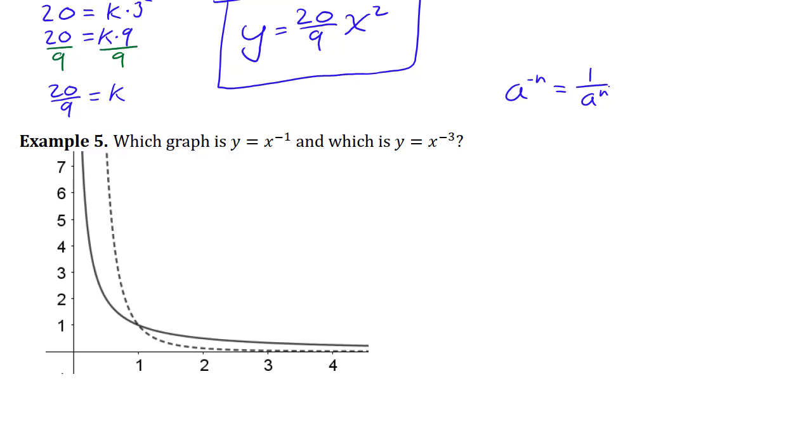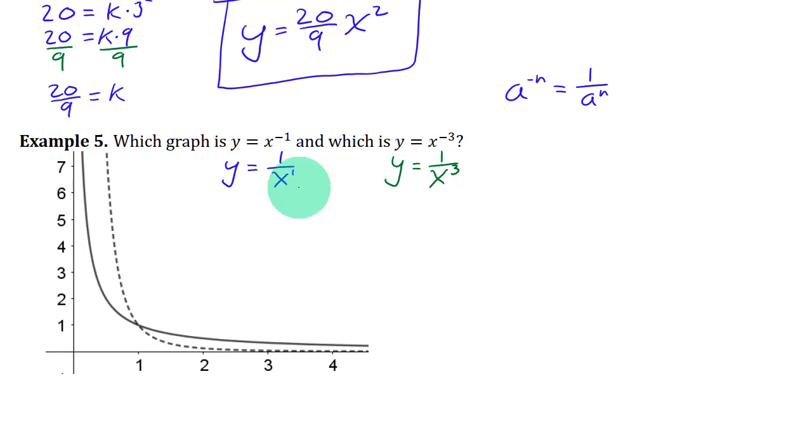So y equals x to the negative 1 is another way of saying y equals 1 over x to the 1, or just 1 over x. And this one is the same as y equals 1 over x to the power 3. So these are written as fractions.